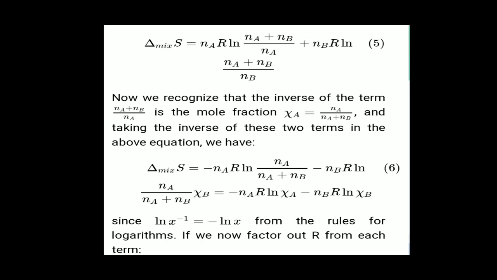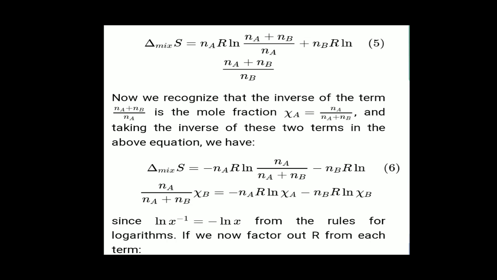Now we recognize that the inverse of the term Na plus Nb by Na is the mole fraction, which may be indicated as Xa is equal to Na by Na plus Nb.